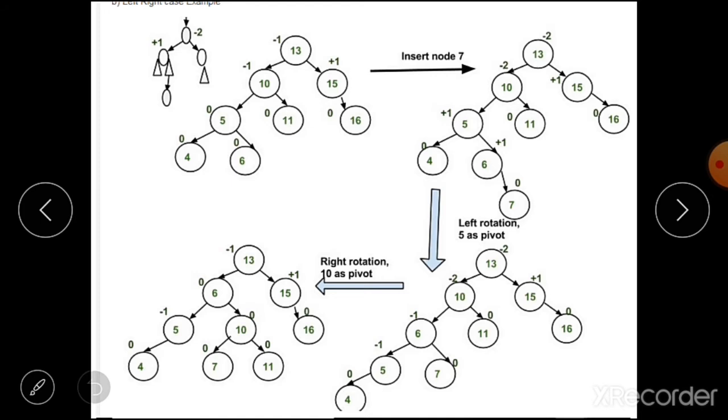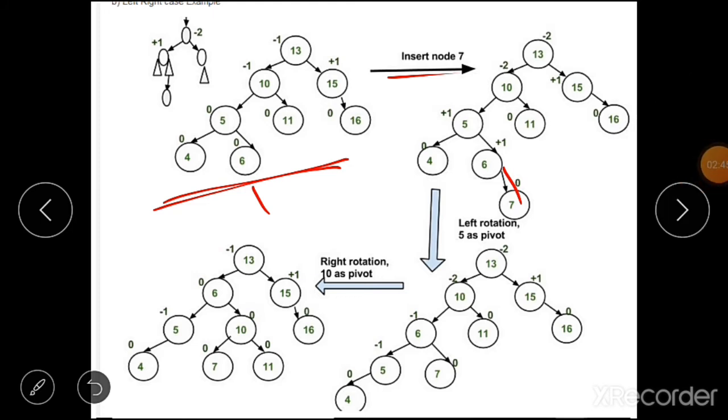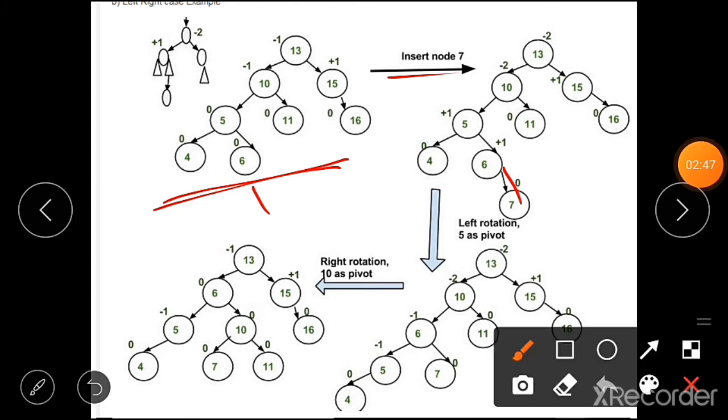This is an example. This is a balanced tree, and when we try to insert node 7, node 7 is inserted here as a right child of 6. Then we check the balance factor of each node. Then the balance factor of 10 is unbalanced, so it is more than 2. So we check which case it is.